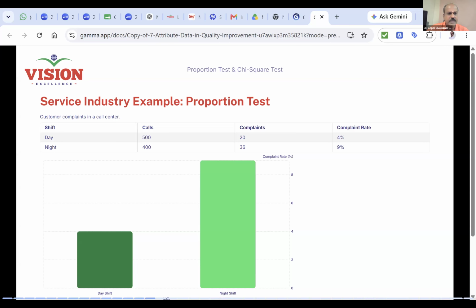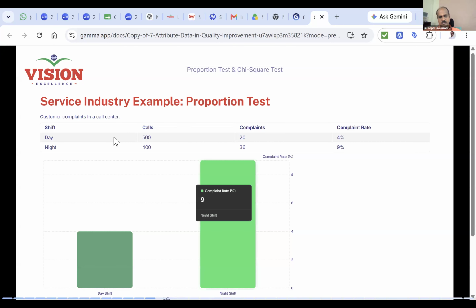Do you want to conclude that the shift has an effect on the number of complaints, or that the complaint rate is dependent on the shift? Which means if you run more night shifts, then there will be more complaints. So as a responsible call center manager, you might probably avoid the night shift and operate only the day shift.